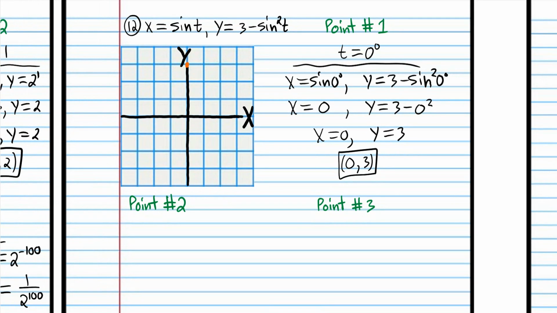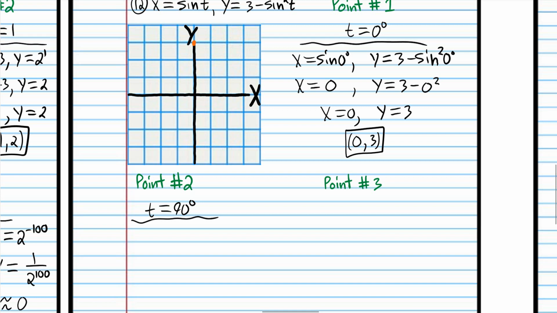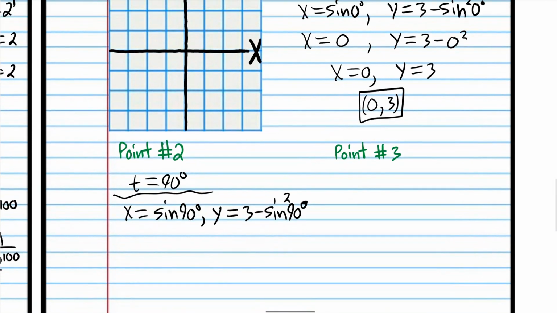So now let's try t equals 90 degrees. I'm choosing 90 because the quadrantal angles are easier to calculate. So we have sine 90 degrees for x and 3 minus sine 90 degrees squared. So sine 90 degrees is 1.